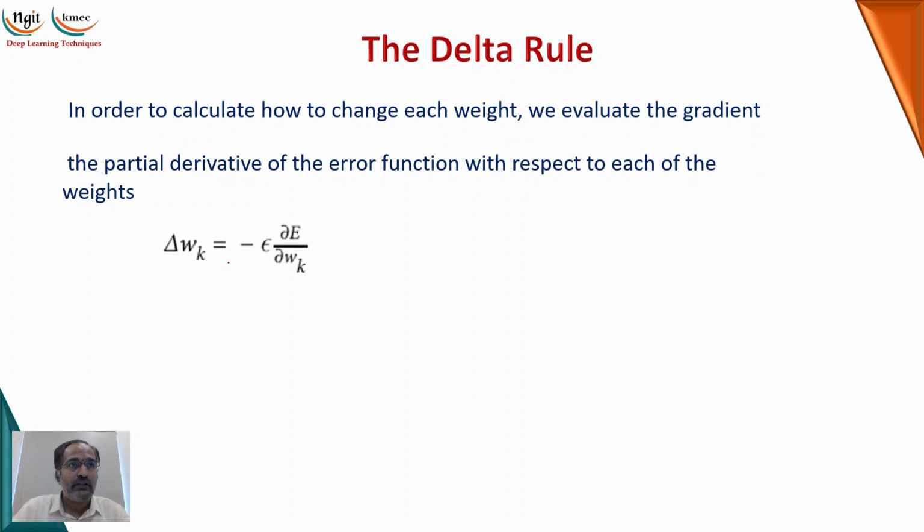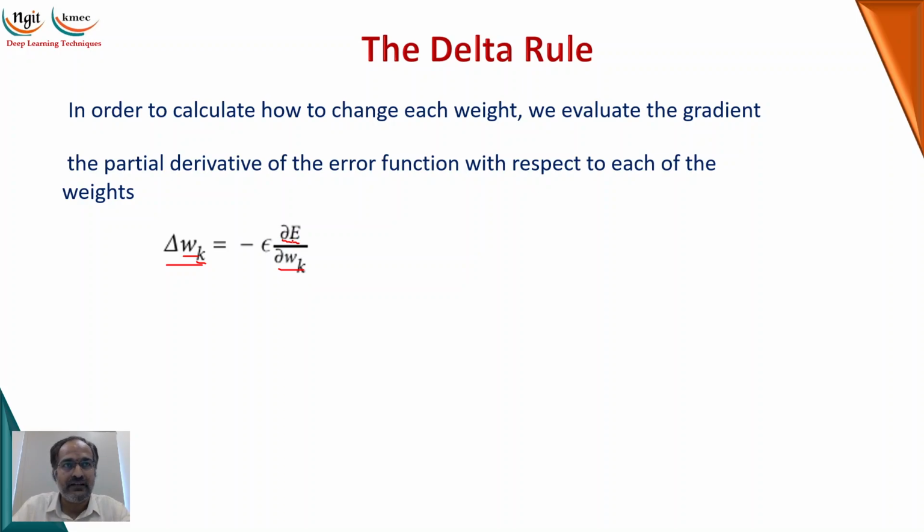So see here, delta WK, meaning that the K-th weight, I want to modify this. I want to calculate the gradient for WK. For that, we have to calculate the gradient ∂E/∂WK.